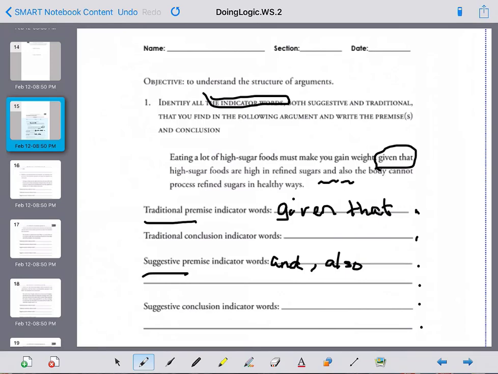But that's not always the case. I could use the word "and" like, "Hey, it's raining out, and therefore I'll bring my umbrella." In that case, there's an "and," but it's being trumped by the word "therefore," which is a conclusion. So again, it's just suggestive. It's not necessarily the case.